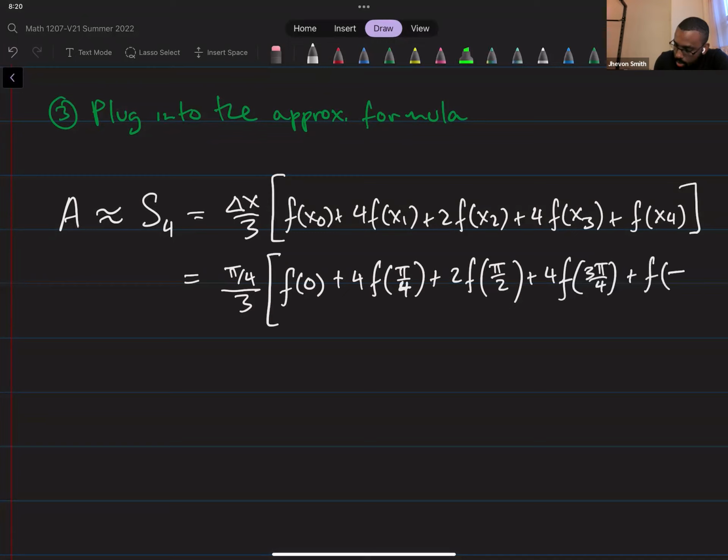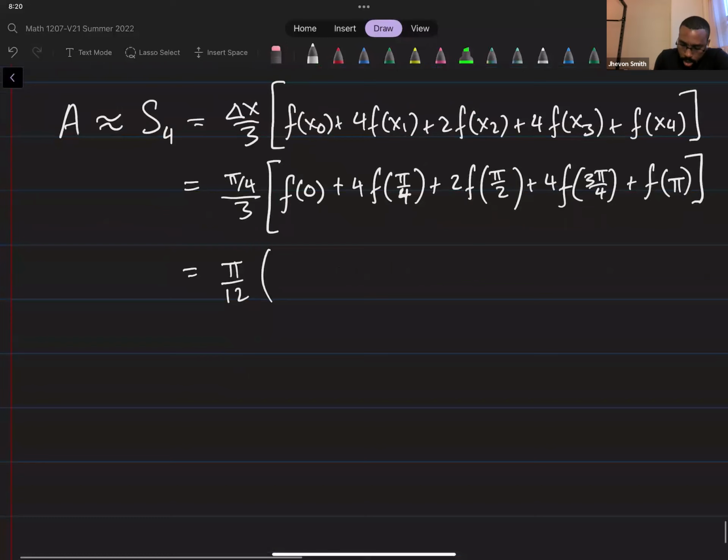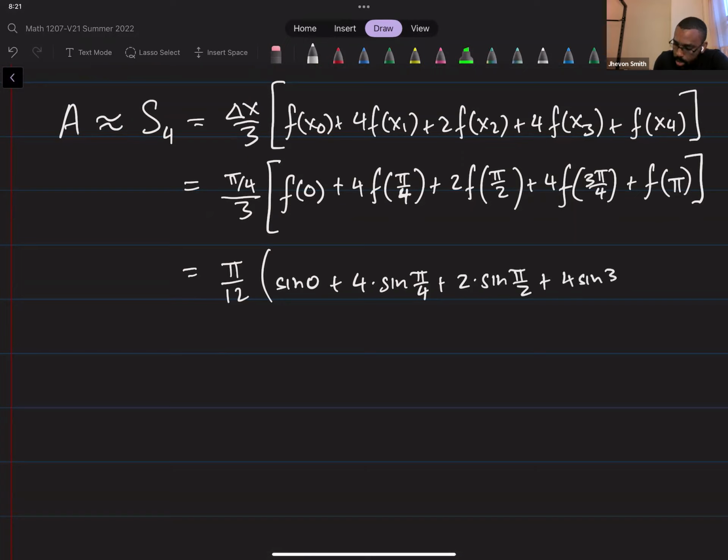And f of pi. So this becomes pi over 12 times sine of 0 plus 4 times sine pi over 4 plus 2 times sine pi over 2 plus 4 times sine 3 pi over 4 plus sine of pi.